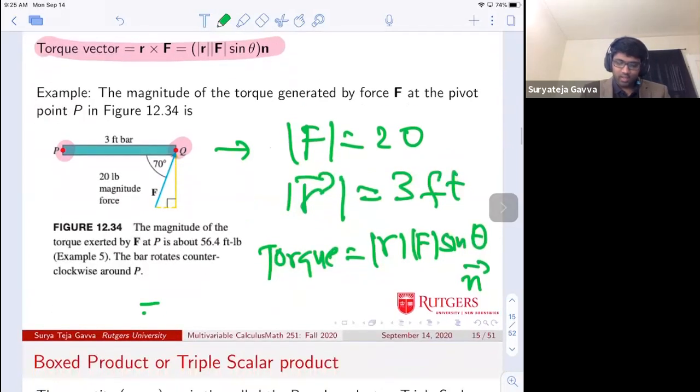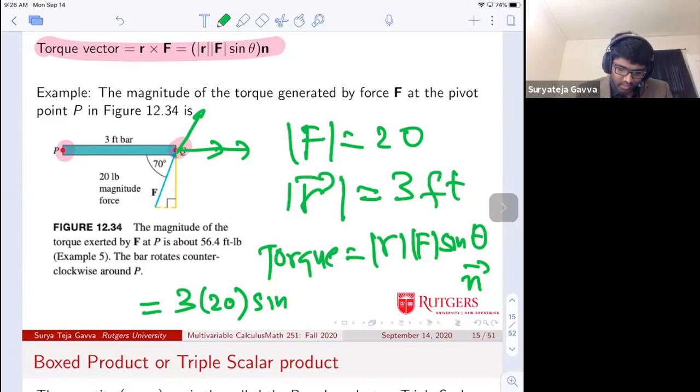So r is 3, F is 20, and the sine of the angle between r and F. So this was r, this is F. The angle between those vectors is this 70 degrees. So sine 70. Okay, so that's the answer, times the vector.